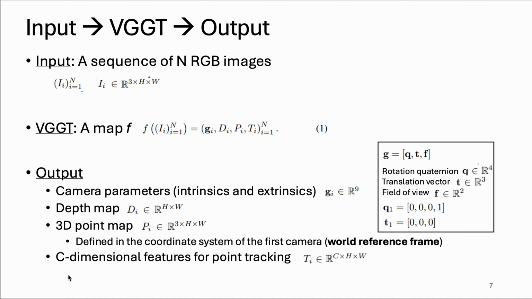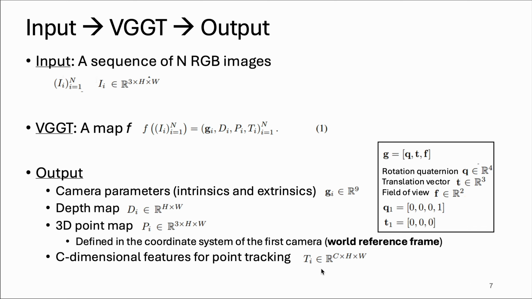Then the last output is the C-dimensional features for point tracking. So basically, this is what is output from the VGGT transformer. It outputs image tokens which have the same dimension as the input image tokens, but now they encode the geometry structure.